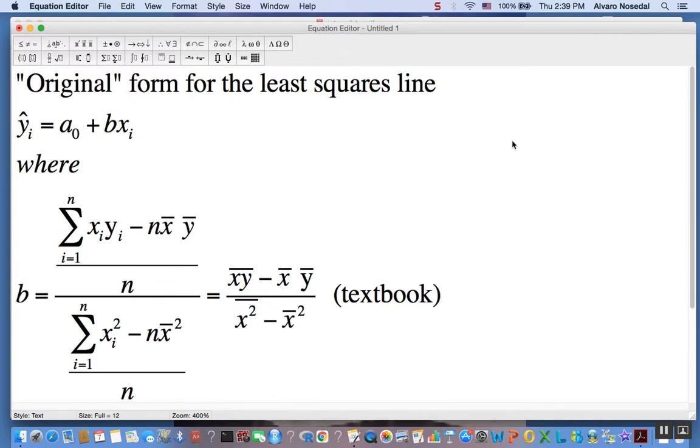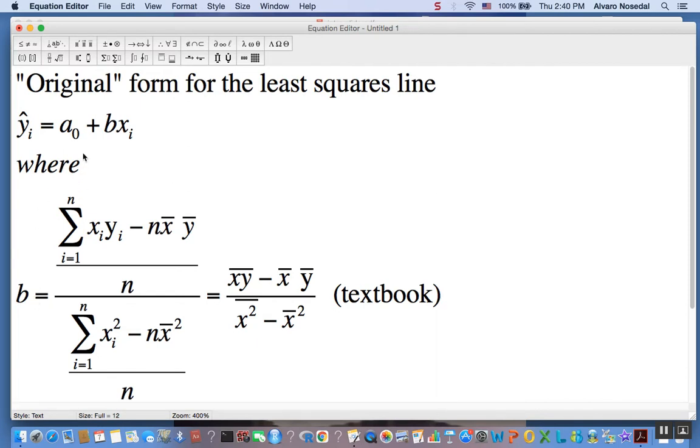So let me remind you what we did in another video. What we said is that we were going to be finding the best line, the one that fits our data best in terms of the sum of squares for error, the one that minimizes the sum of squares for error, using these formulas.